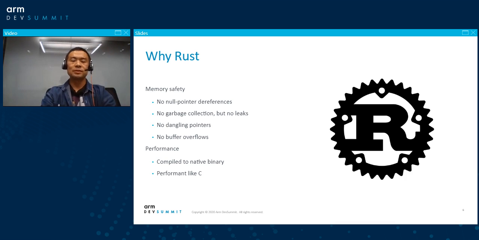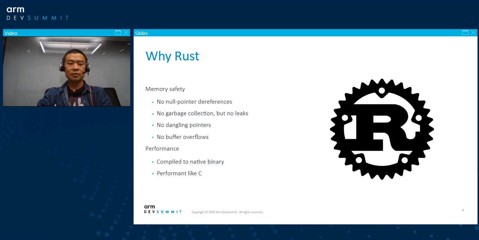Another error-prone case in C is allocating and deallocating memory. If you forget to free the memory you allocated from the heap, it will be leaked. But in Rust, no memory can be leaked. Another kind of problem that can be caused by using pointers is so-called dangling pointers, in which case a pointer directs to a wrong address in memory.